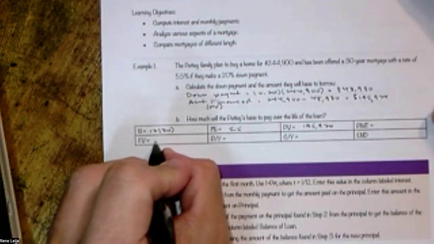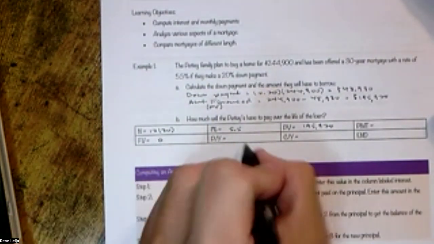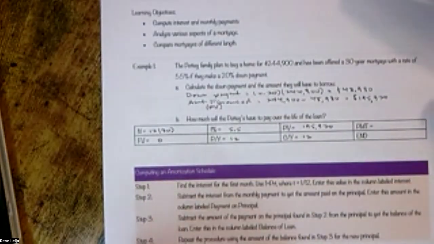We want the future value to be 0. And because this is compounded monthly, our PY and CY will be 12. Now remember, this is the section that I had mentioned earlier where our PY and CY are going to be changing. Okay, so I need to find our PMT.